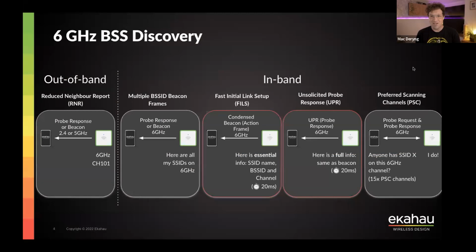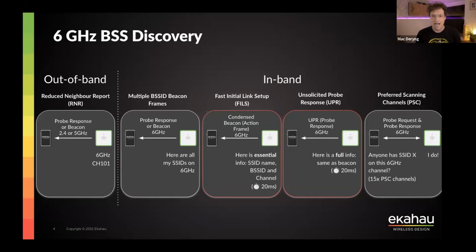So guys, 6 gigahertz discovery is a little bit different to what we have had in the 2.4 and 5 gigahertz bands. Just as a quick refresher, we had beacons, probe requests and probe responses available to us when it comes to discovery in these two older but still alive bands.